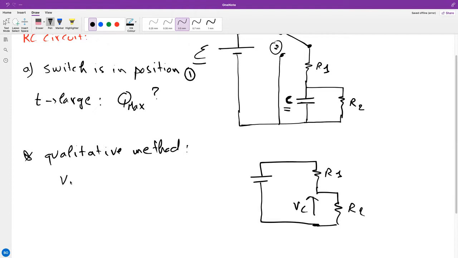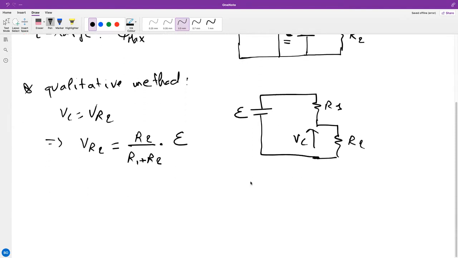So VC is equal to VR2, and then we can use the voltage divider rule that gives us VR2, which is also equal to VC. It's equal to R2 over R1 plus R2, times the EMF, E.